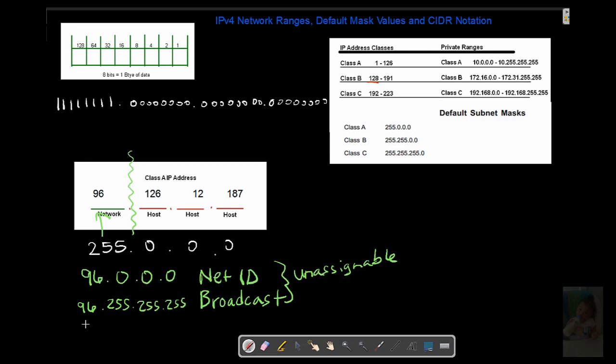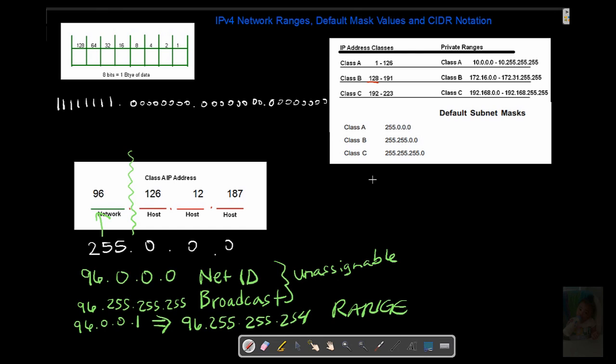So we are dealing with a range of 96.0.0.1 all the way through 96.255.255.254, which means that we can have how many hosts in this network?